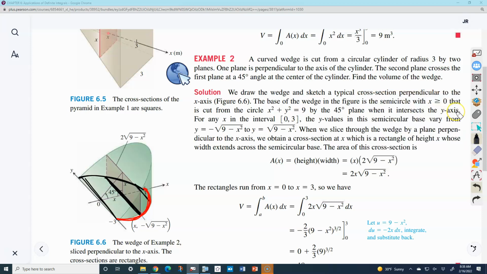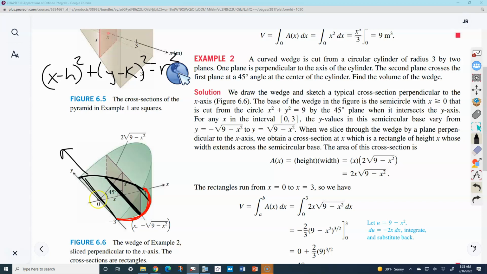For the equation of this one, we're told that this is a circle of radius 3. So remember, for a circle, it's x minus h squared plus y minus k squared equals r squared. That's the standard form for the equation of a circle, where h and k are the coordinates of the center of the circle, and r is the radius.